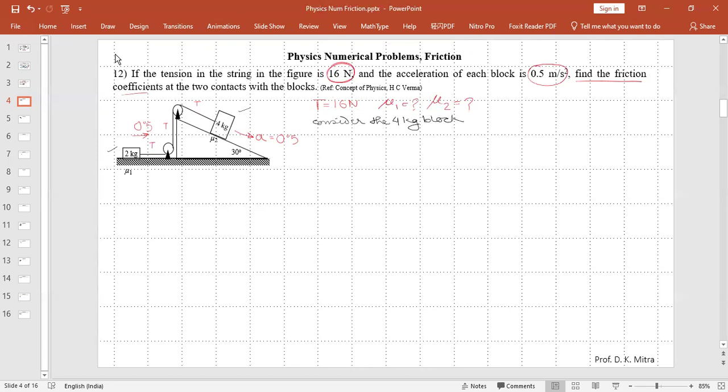Now, what are the forces on the 4 kg block? It has a downward gravitational force mg. It has a normal component of the gravitational force, and an inclined component of the gravitational force, mg sine theta.